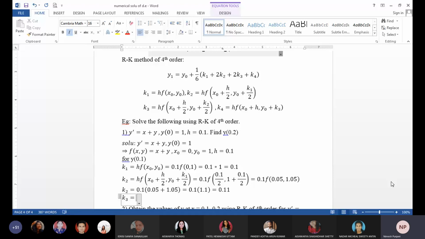Then k3 is h f of x0 plus h by 2, y0 plus k2 by 2. H is 0.1, f of 0.1 divided by 2, comma y0 कितना है 1 plus k2 by 2.